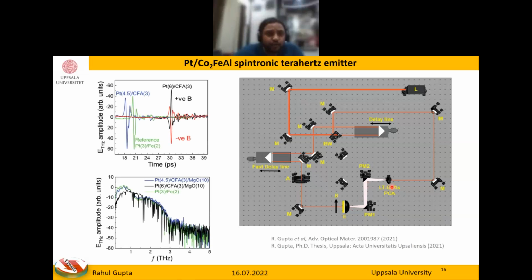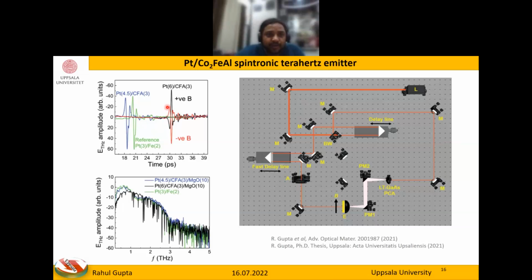This is a time domain signal of the terahertz electric field amplitude for different thicknesses of platinum. One would see that if you change the magnetic field from the positive direction to the negative direction, the sign of the terahertz electric field also changes, which confirms that our signal is coming from the inverse spin Hall effect phenomenon.